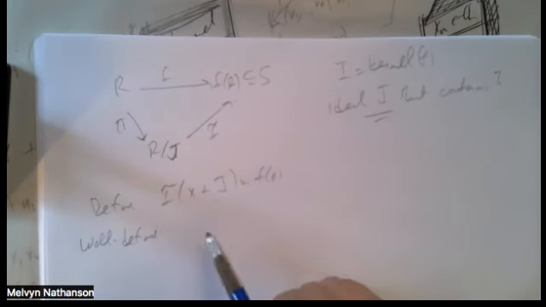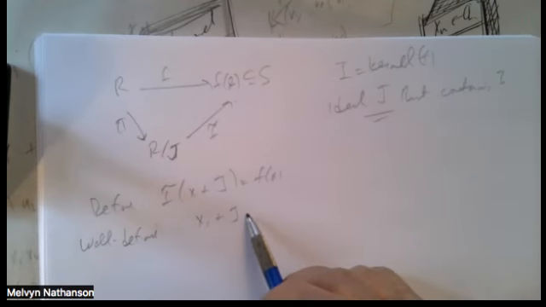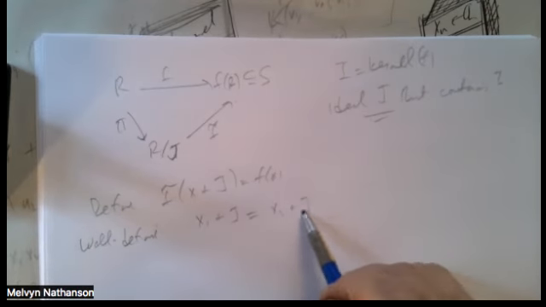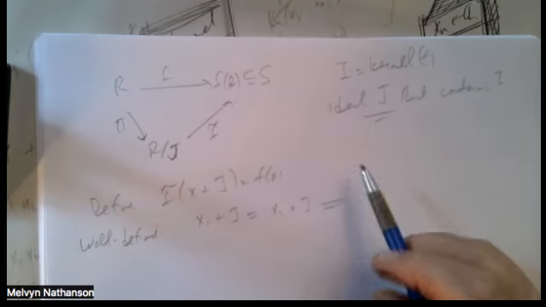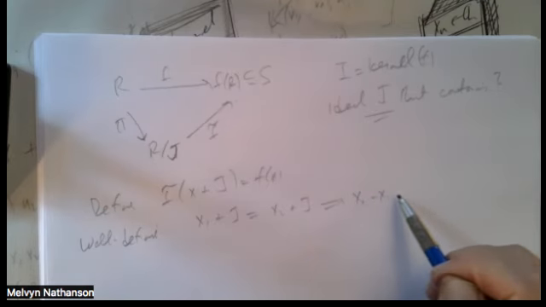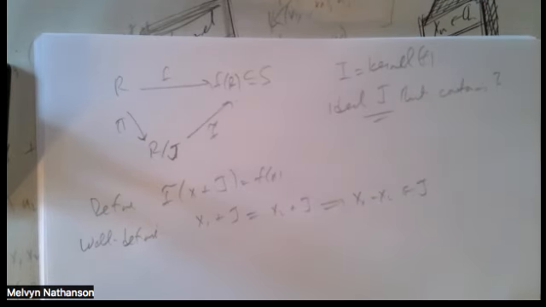we have X1 plus J equal X2 plus J means X1 minus X2 is an element of J. Sorry, I said something slightly backwards.